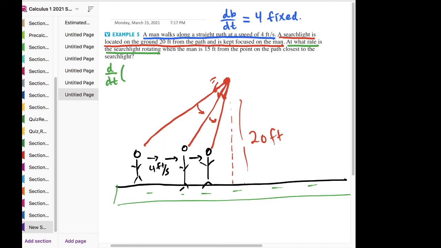It's fixed, but it points in a different way as time increases. How could you describe a change? Like, what is the thing that's changing? What is rotation? What is changing in a rotation? Degree, yeah, so like angle.